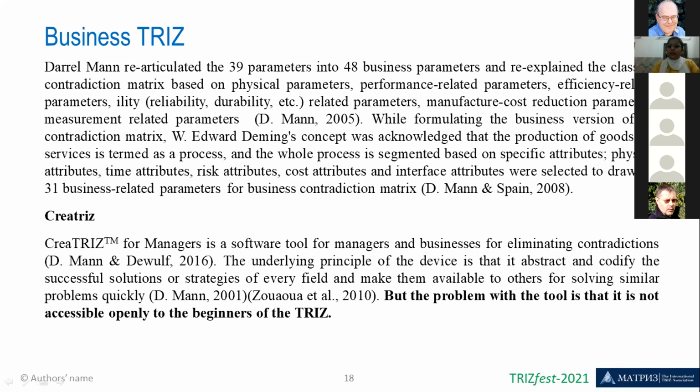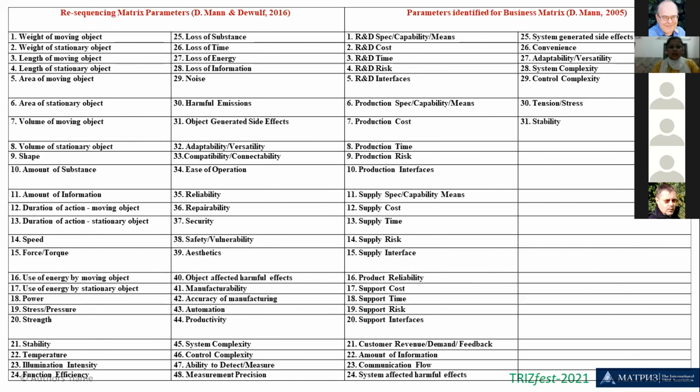But the problem with the tool is that it is not openly accessible to beginners of TRIZ. And these are the sequencing matrix parameters, which are 48 business parameters, and then the final business-related parameters, which are 31 business-related parameters. So here you can see these are R&D cost, time, supply risk, and supply demand. So these are openly available.